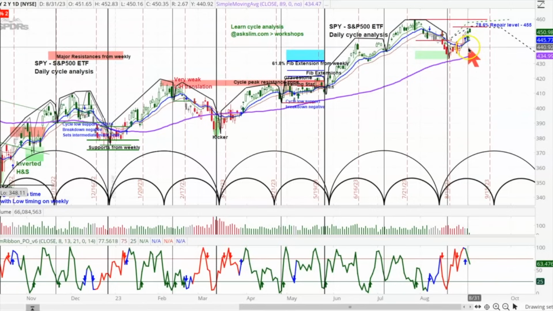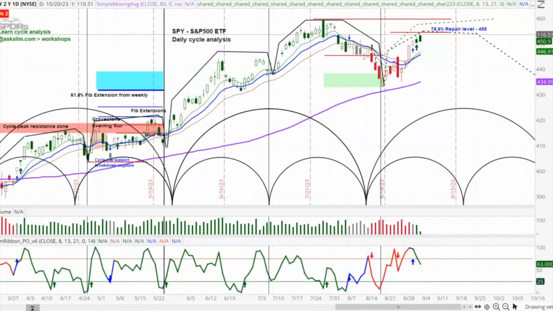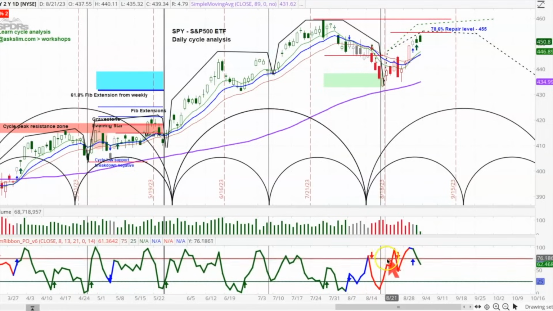Now, the rebound has been strong, and what's happening is that the momentum conditions have improved on the short-term basis. And you can see what's happened in here, looking at the slim ribbon, is that it crossed over right over here. You get the green arrow, and the slim ribbon PO, which was giving negative information, turned neutral, and now has turned green. So that's positive. That blue arrow right there is showing you the change that went on in the market.